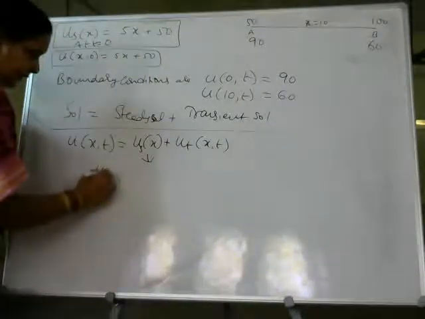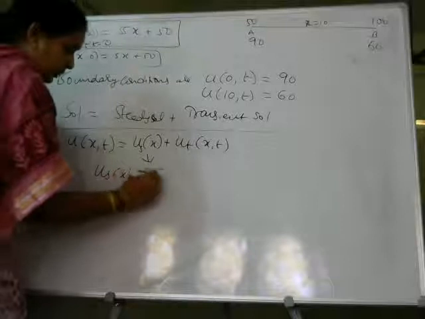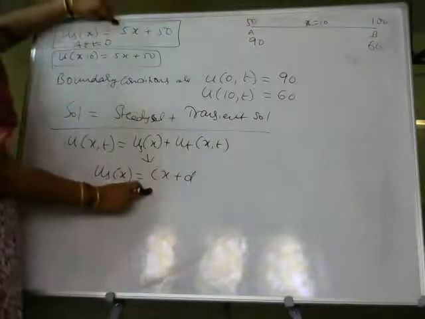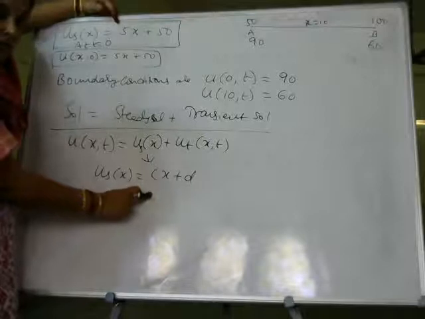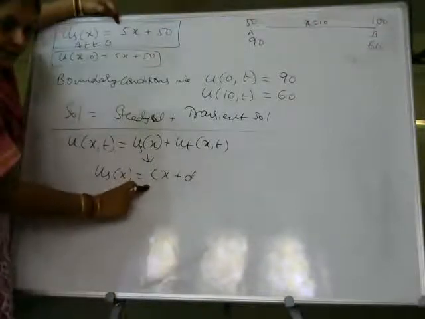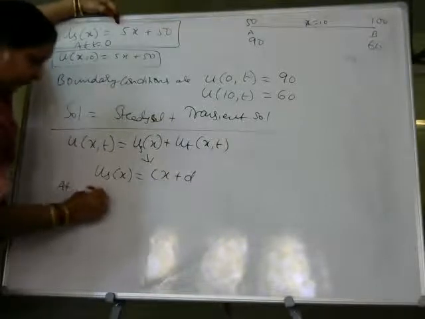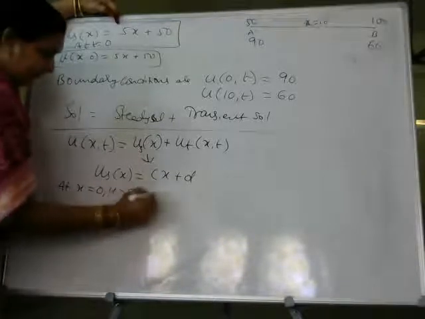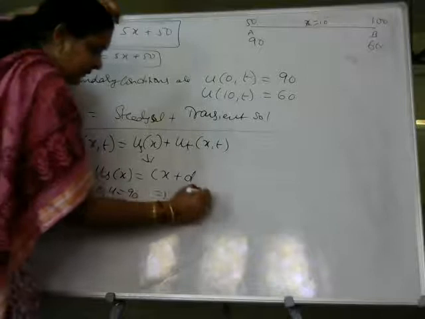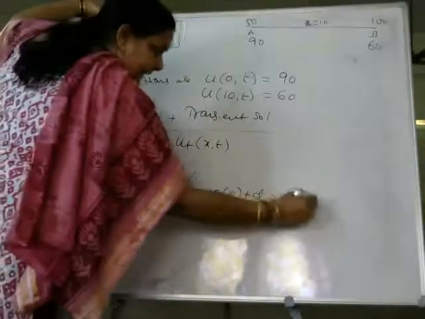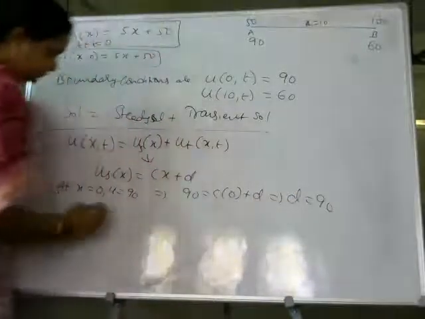Means we have us at x is equal to cx plus d, just like what we calculated over here. What is the condition we have given here? At x is equal to 0, u is equal to 90. We substitute: 90 is equal to c into 0 plus d. Implies d is equal to 90.